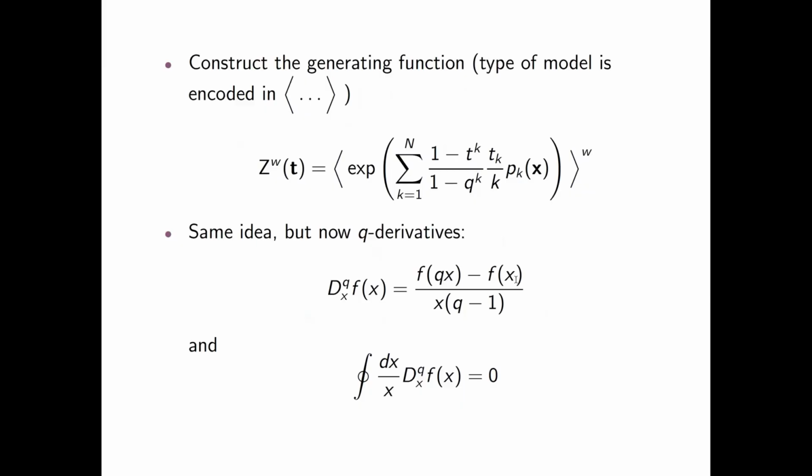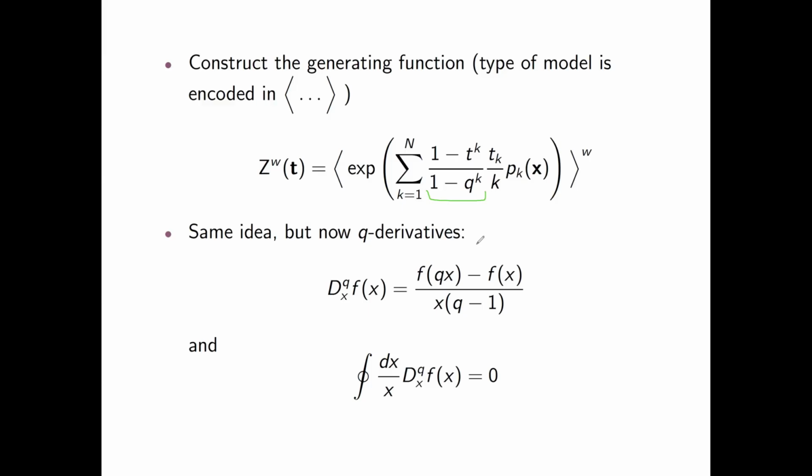So, in the same spirit, we construct a generating function for our expectation values. Well, we don't compute it; we define this object by the expectation value of this exponent. So now it has these extra factors of 1 minus t to the k over 1 minus q to the k. These are just needed to match this with the theory of Macdonald polynomials.